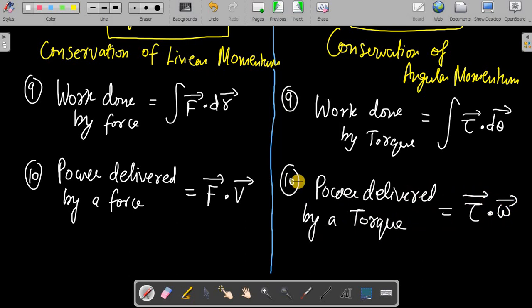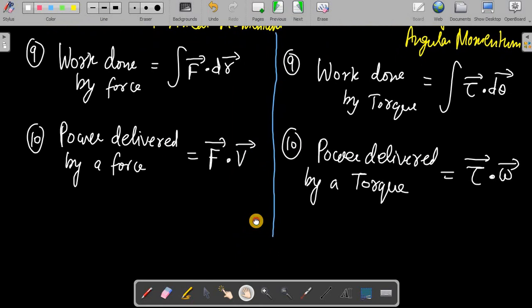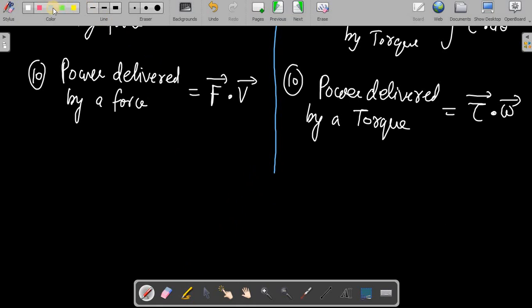These are vectors, right? Dot product. That's why we have to use the vector products, dot products, and all that. Okay.